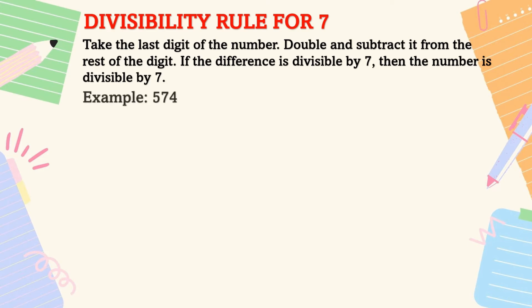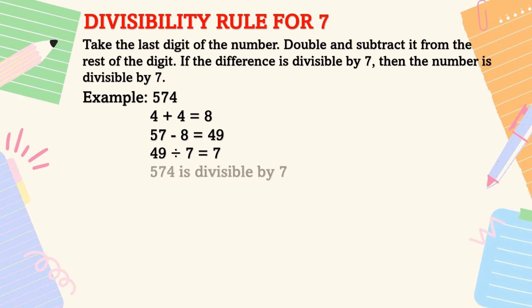The last digit is 4 and we have to double it. 4 plus 4 is equal to 8. And we have to subtract 8 from 57. 57 minus 8 is equal to 49. 49 divided by 7 is equal to 7. Yes, it is divisible by 7. Therefore, 574 is divisible by 7.